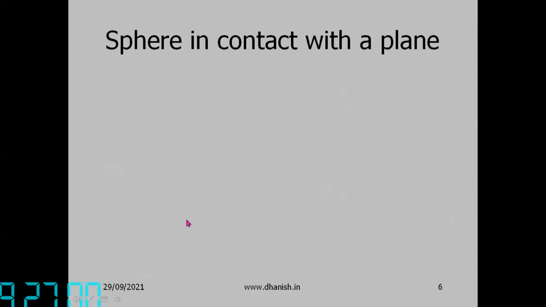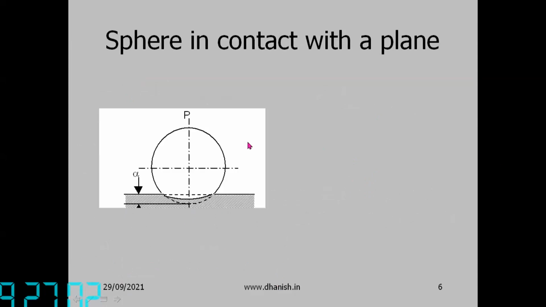So the first case is a sphere in contact with a plane. If you have a sphere in contact with a plane, you apply a force P down. So what will happen? The sphere will get compressed and will take up this position, and the flat surface also will get compressed. It will take up this position. So the mean final position will be somewhere here.